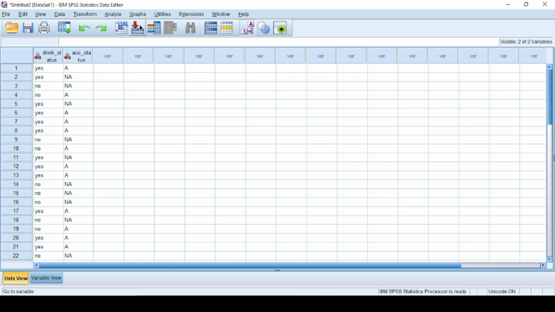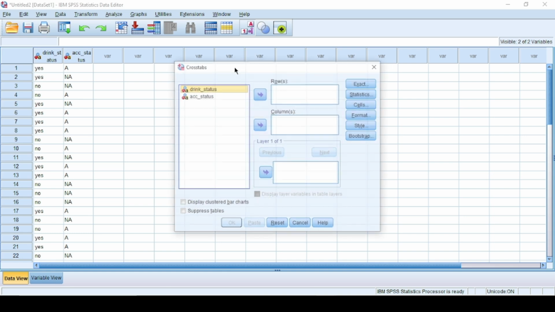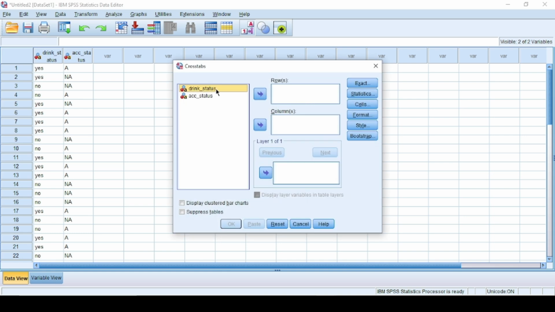Now what we will do is go to Analyze, Descriptive Statistics, Crosstabs. Now, you can assign any row or any column, it doesn't matter. So we will be taking drink status here as the row and the column is accident status.